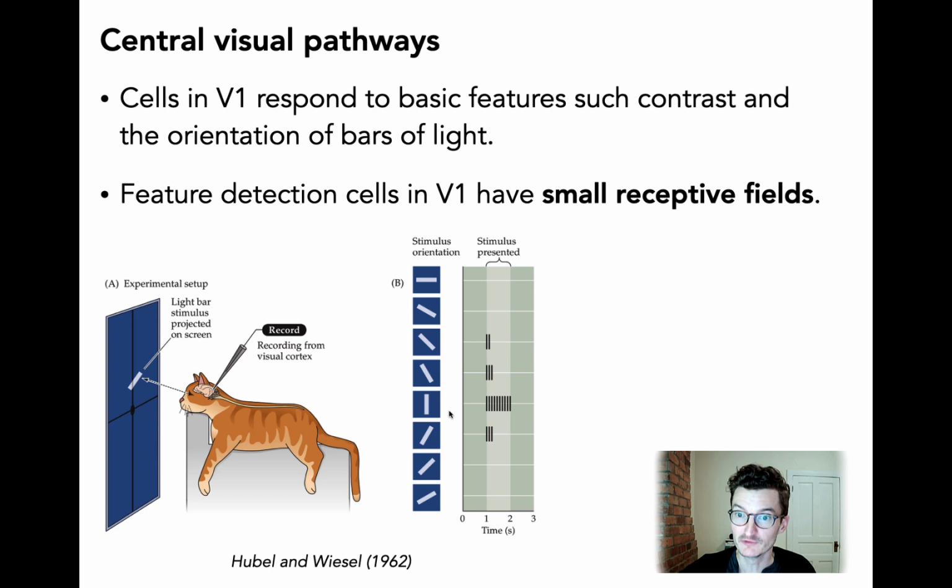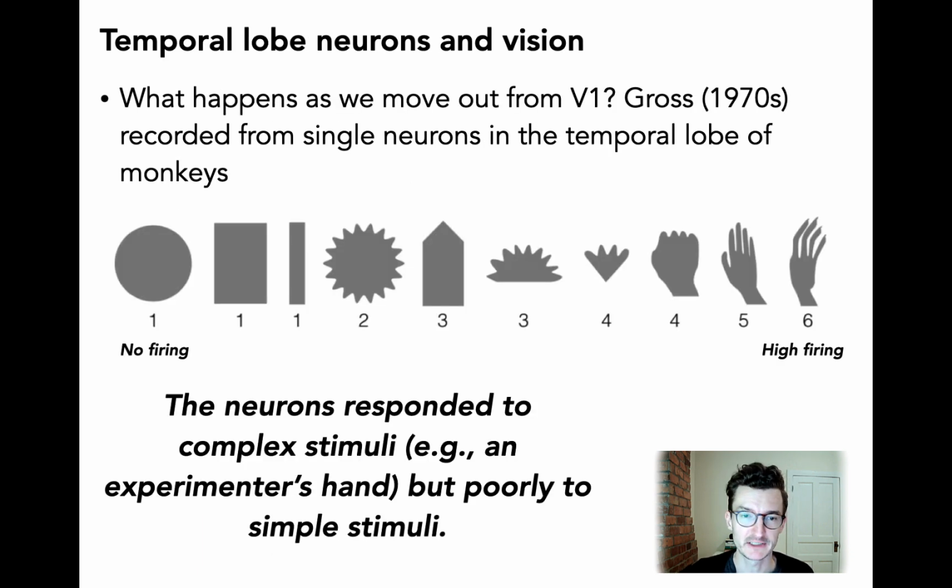So what happens when we move out from primary visual cortex? If we move out into the cortical areas that surround primary visual cortex and out into the temporal lobe, what happens? Well, in the 1970s, Gross and colleagues recorded from single neurons in the temporal lobe of monkeys. And what they found was that neurons in the temporal lobe didn't respond to basic features of objects.